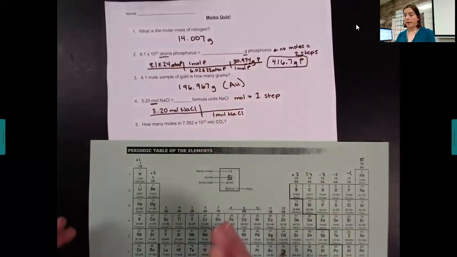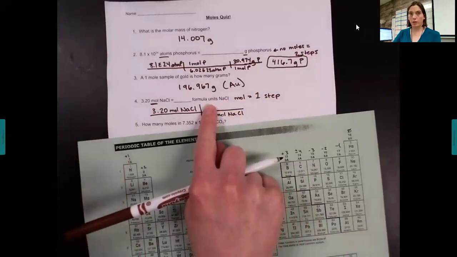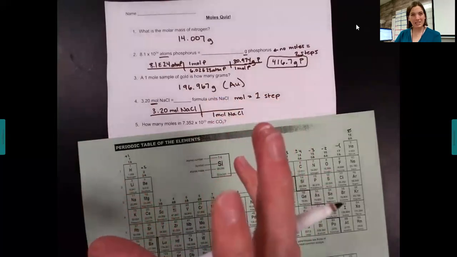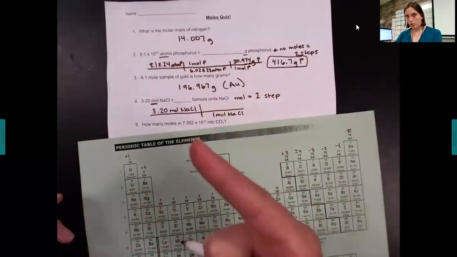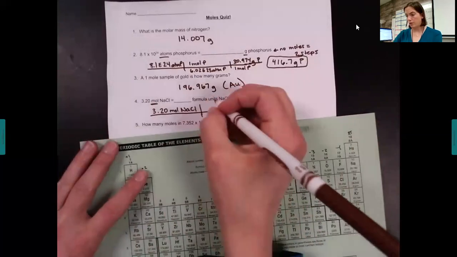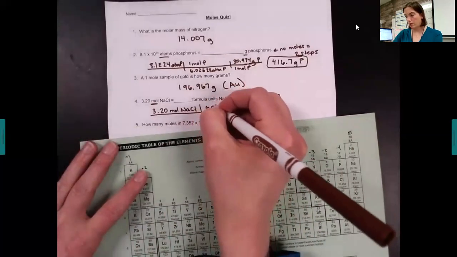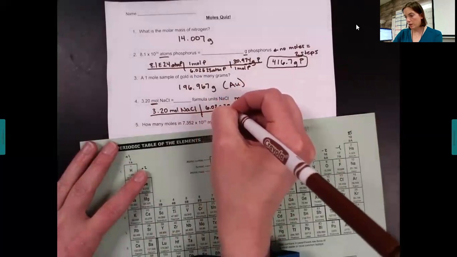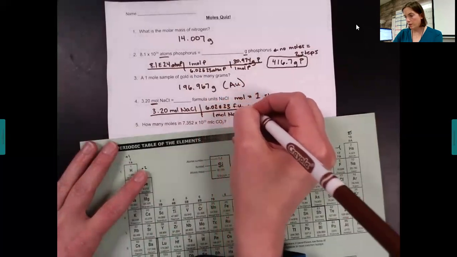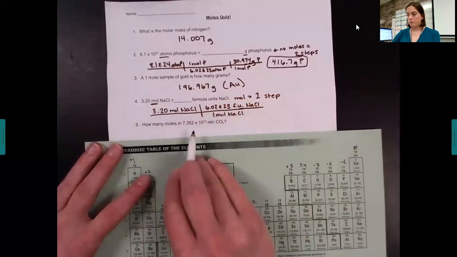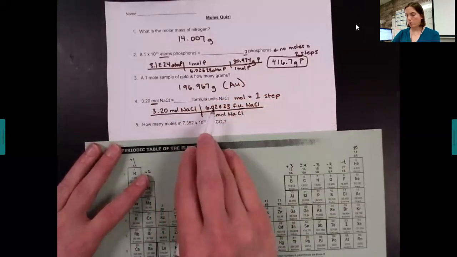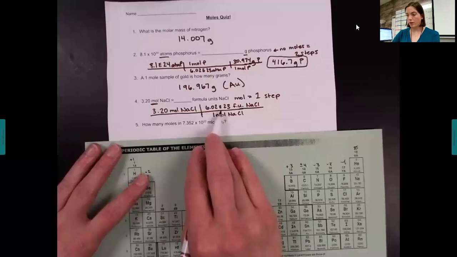Next, it's wanting us to find formula units. Which definition do we use for formula units? You should be saying Avogadro's number. So 6.02 E23 formula units of sodium chloride. Because we're given moles and we're trying to find the formula units, we're going to multiply.